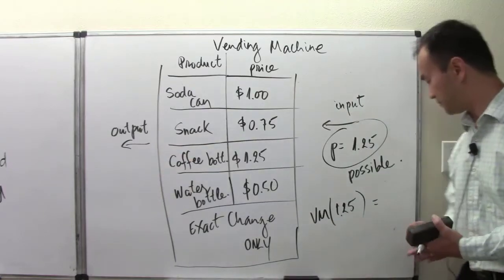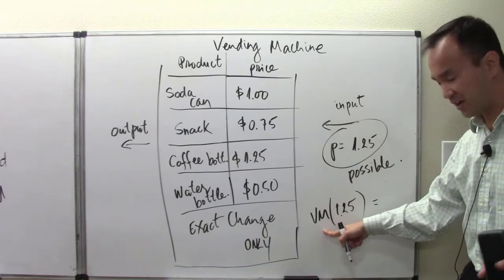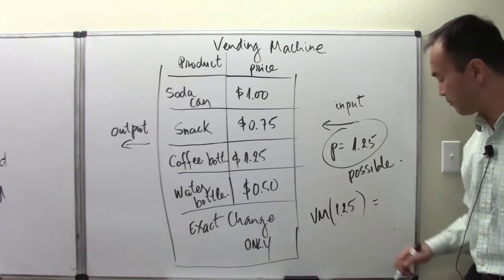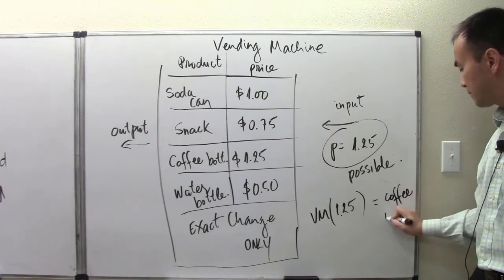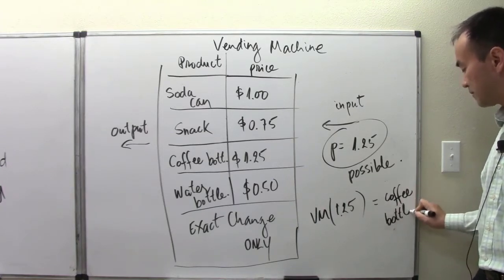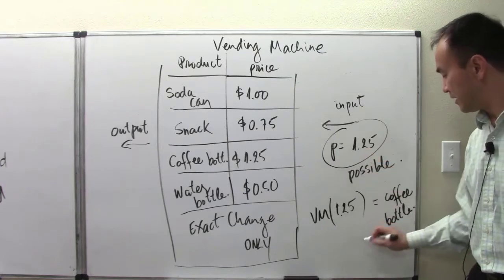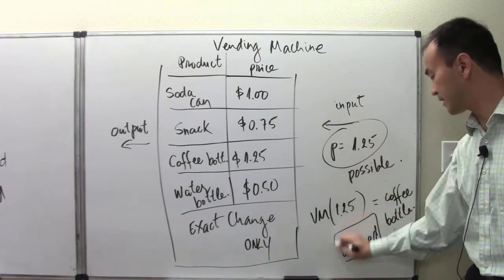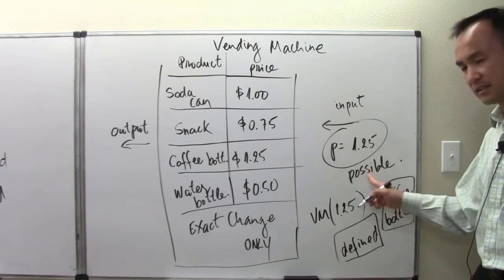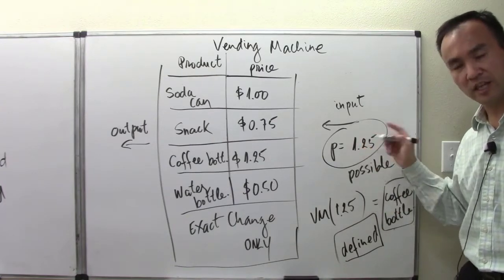So VM as a function of 1.25 as the input is going to give us a coffee bottle. That's the output. And this is where I say we had a value defined. It's defined, it has a product, and it was possible for this input.